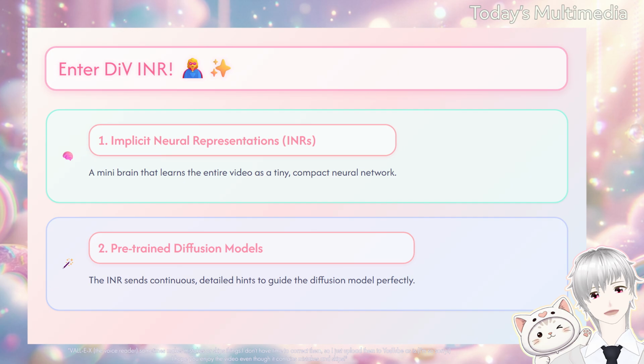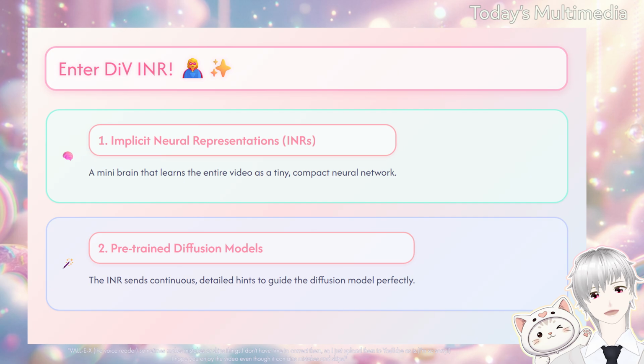The researchers propose a brand new framework called DiV-INR, which combines two incredibly powerful concepts. First, they use something called Implicit Neural Representations, or INRs for short. Instead of saving a video as a series of normal pictures, an INR learns to represent the entire video as a tiny, highly compact neural network. It's like teaching a mini brain everything about the video, so the brain itself becomes the video file.